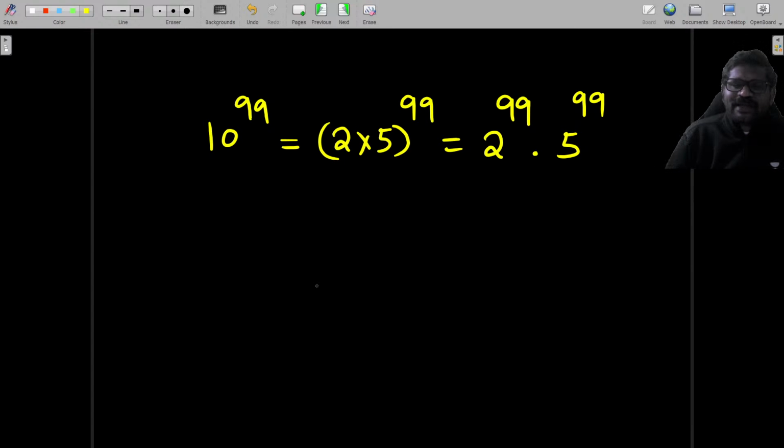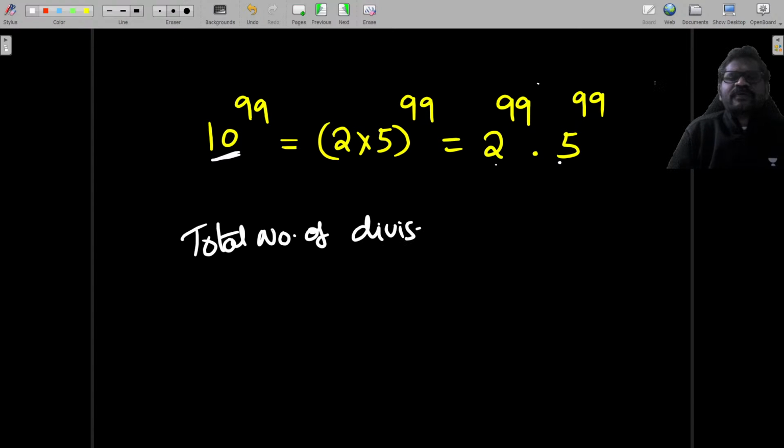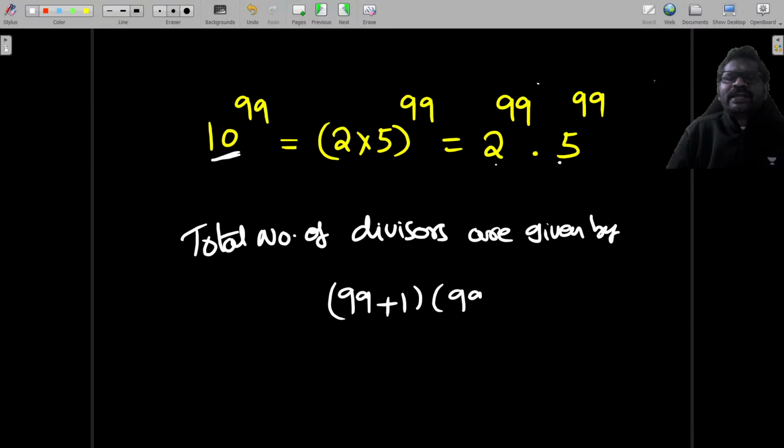If you write the given number in the form of a product of prime numbers, here 2 and 5 are prime numbers. Therefore, I have written 10 power 99 as (2 into 5) power 99. So the total number of divisors is given by (99 plus 1) into (99 plus 1), this power plus 1 into this power plus 1.